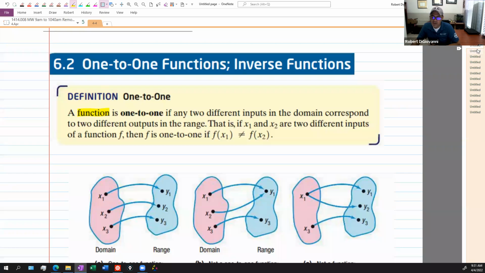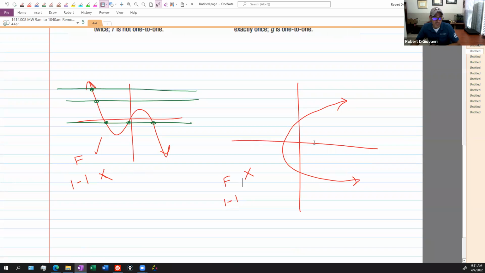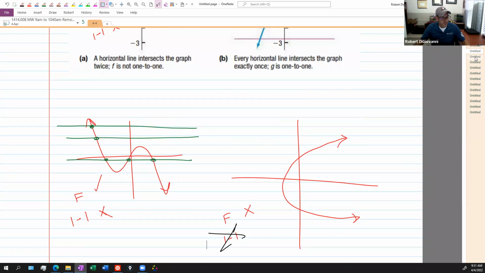I gave you this intentionally because it always tricks students. Look, this right here is not a function. As soon as it's not a function, you can't even start talking about one-to-one anymore. Does this pass the horizontal line test? Yes, but the horizontal line test only works if we're talking about a function. All right, so you've got to be careful. Okay, we continue.